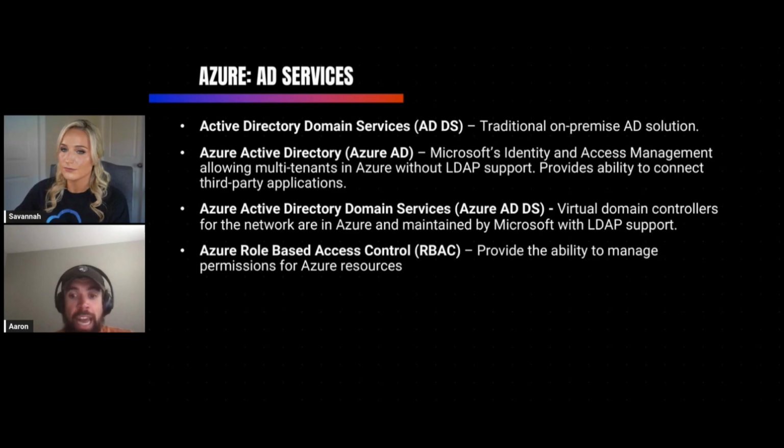Cloud-specific roles and accesses would still need to be set up and granted to users to give them permissions to different applications and resources. And later on in this presentation, we'll be going over how some of those misconfigurations can be abused.